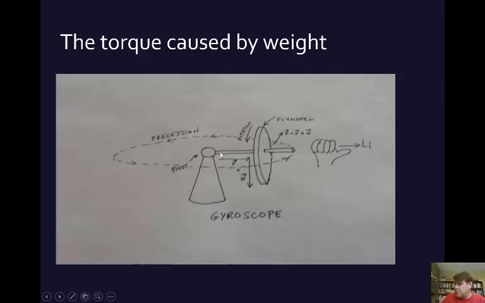R cross W, the cross product, is going to torque it in that direction. And so even as it falls, there's going to be a tendency for the axis to want to move in that direction.